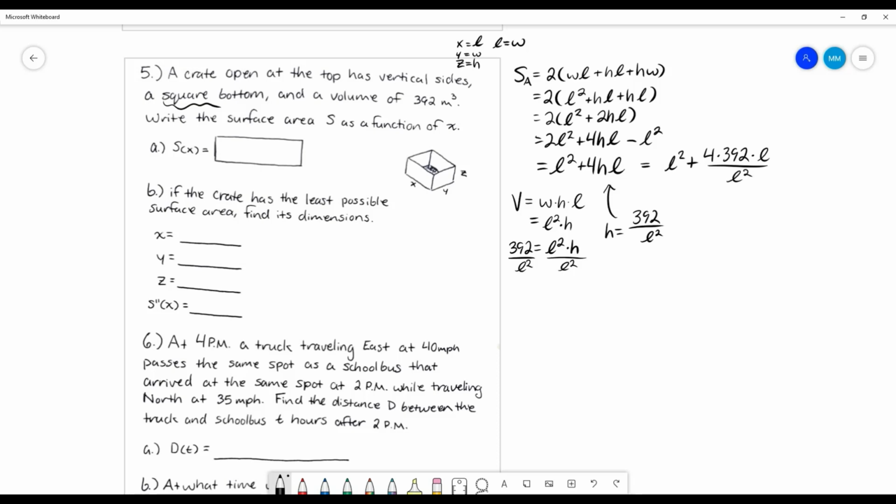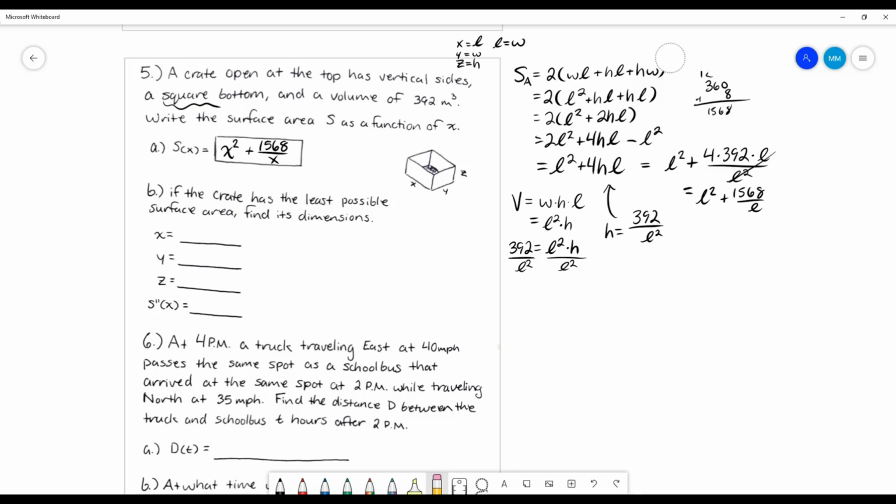And of course, one of those L's cancels, and I don't know what 392 times 4 is. I know 300 times 4 is 1200. 90 times 4 is 360, and 2 times 4 is 8. 15, 16, okay. So now our surface area is L squared plus this, because remember, one of these L's cancels. And again, rewrite the same thing just with x's instead of l's. So it's x squared plus 1568 over x. And that's our surface area equation for this open-topped box.